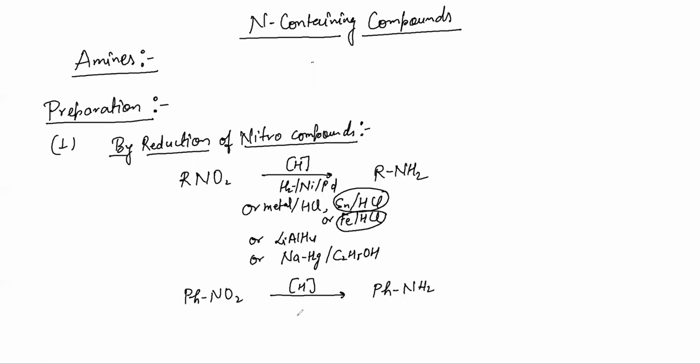But this time you can use all the above except LiAlH4. Don't use LiAlH4, it will give you some different compound. Otherwise, you can use all the others, whatever is written on the top.